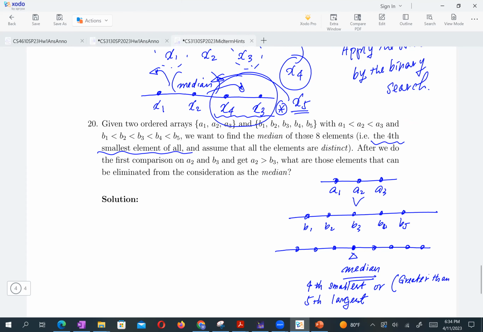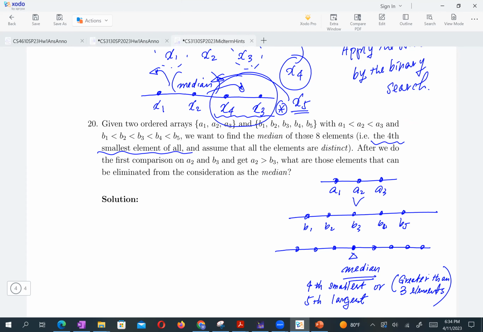If you can find some element that is greater than 4 elements, then it can be eliminated, because the median can only be greater than exactly 3 elements. If, based on the given inequalities, you can find some element that is greater than at least 4 elements, can you eliminate it from consideration?